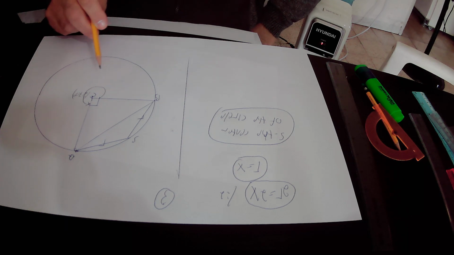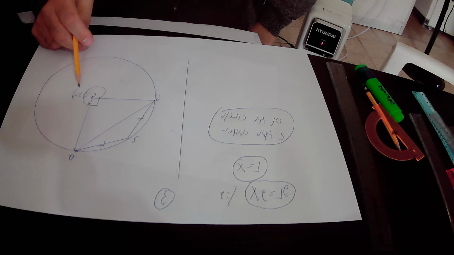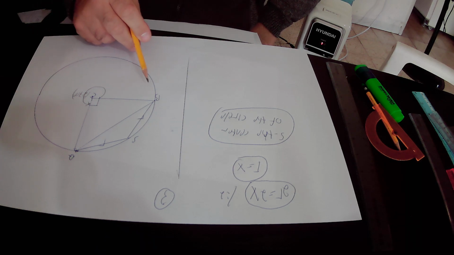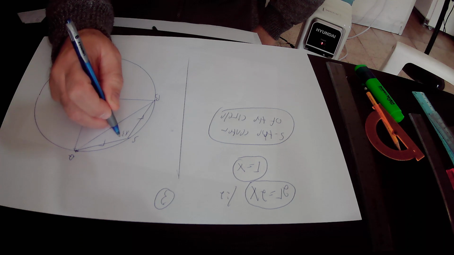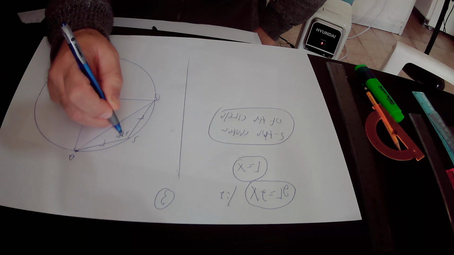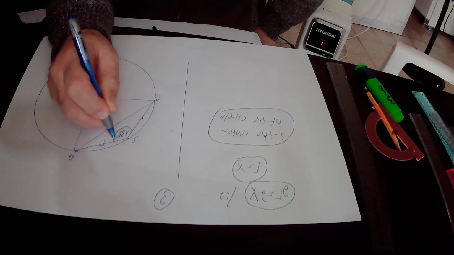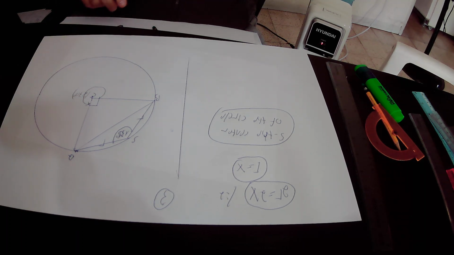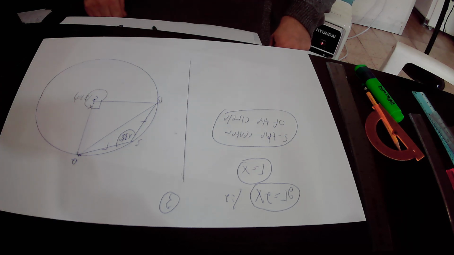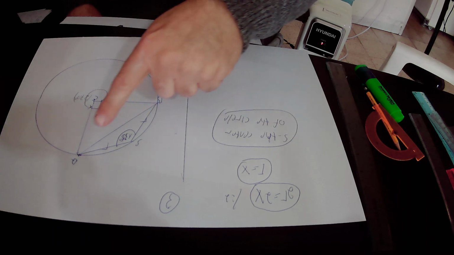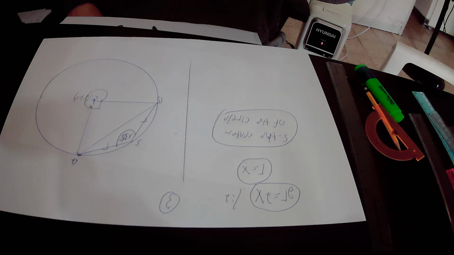Because the central angle BCQ is equal to 270 degrees, the peripheral angle BSQ must be equal to half of it, that is 270 degrees over 2, that is 135 degrees. So peripheral angle BSQ equals 135 degrees and the central angle BCQ equals 270 degrees.